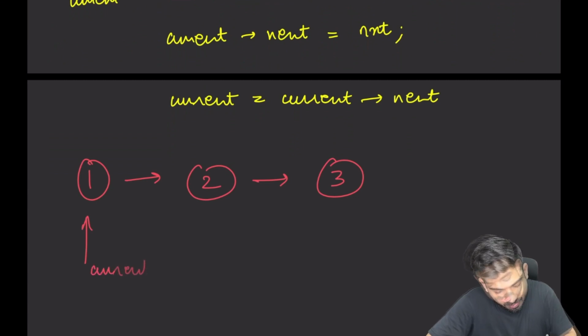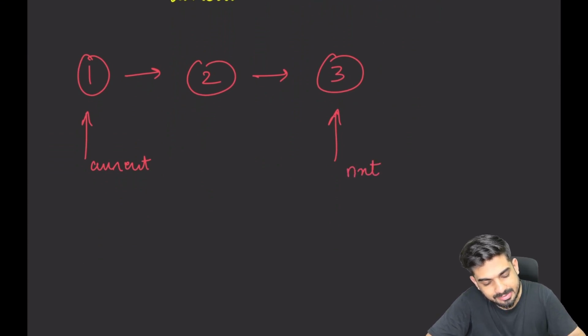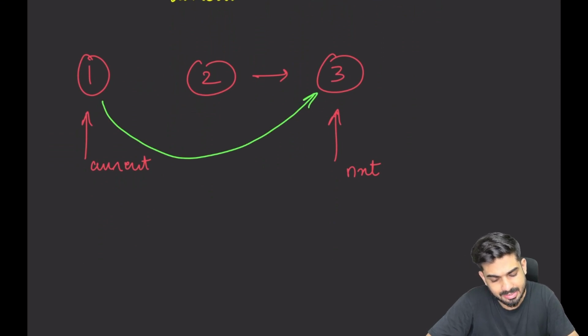Now if you find the nxt node, you know that it will be 2 because current of next exists. Once you connect current with nxt and go to this part, this connection breaks and we can see 1 and 3 are connected. Next time your current will actually become this one.